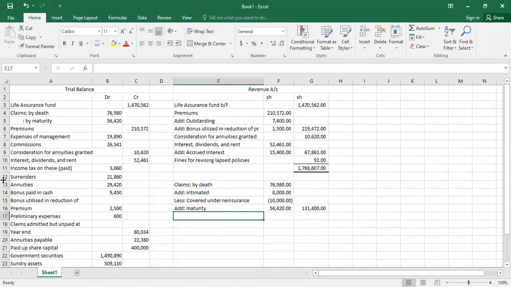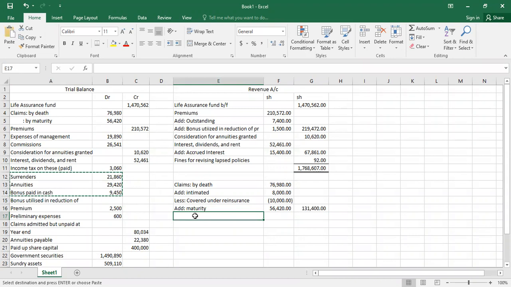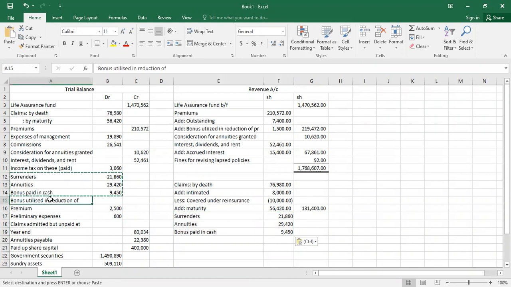Then from there now we add the others. I have surrenders, annuities. I can even pick them the way they are. Surrenders, annuities, bonus in cash. And the way it is appearing, I have to pick it in parts.